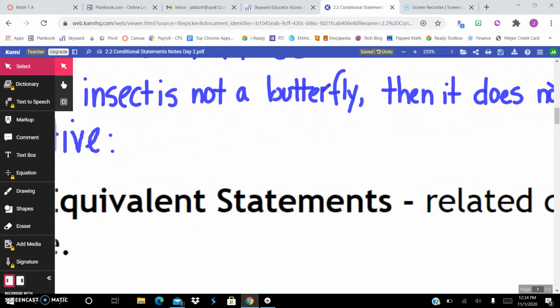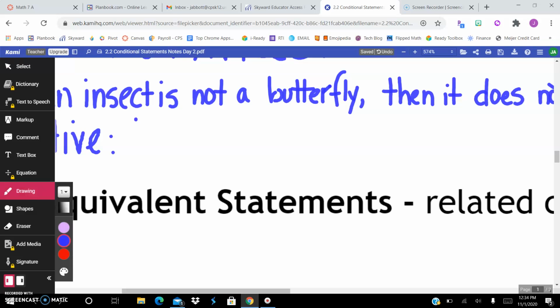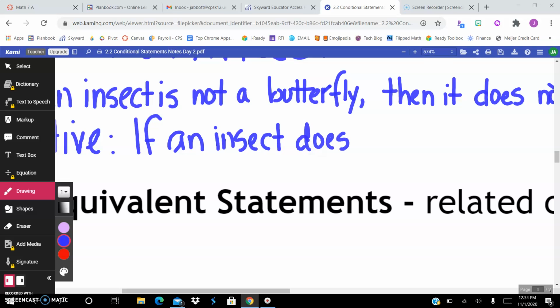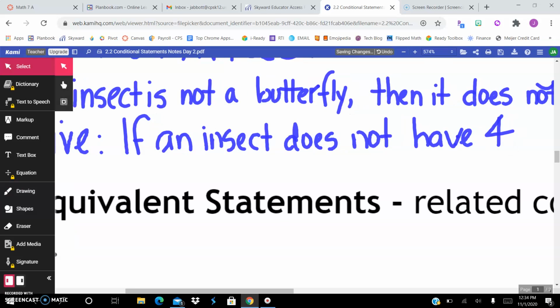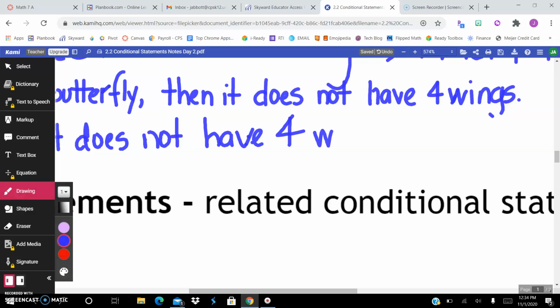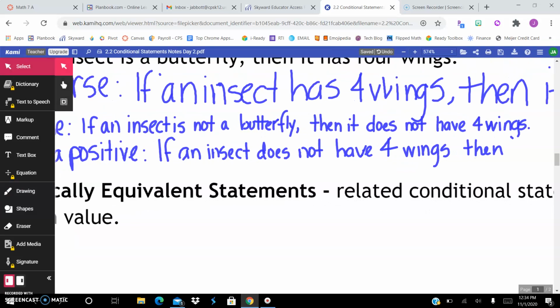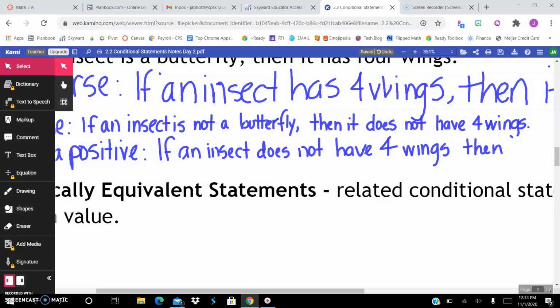So we're going to say: if an insect does not have 4 wings, then it is not a butterfly.